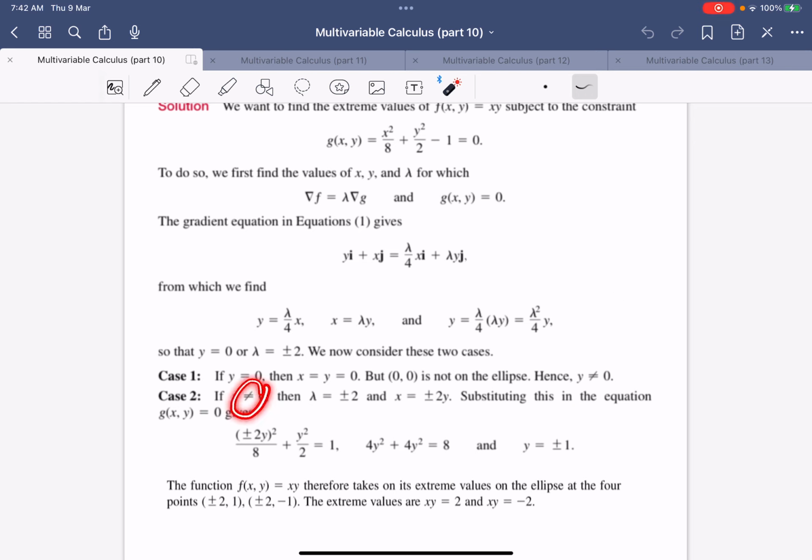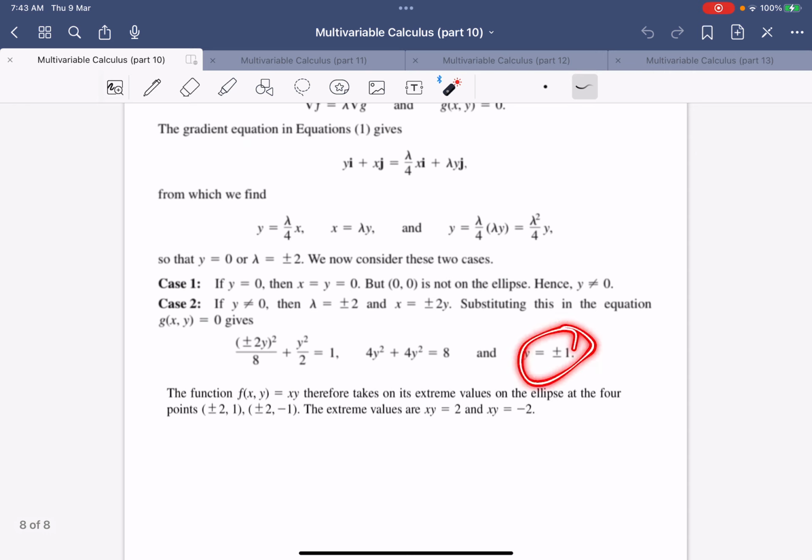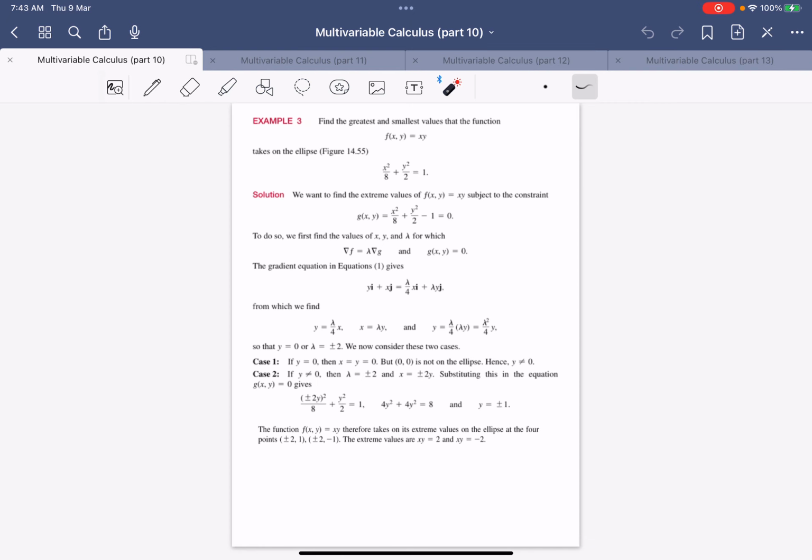If y is not equal to 0, then lambda is plus minus 2, so x is plus minus 2y. Substituting, we get that y equals plus minus 1. And therefore, the extreme points will be (plus minus 2, 1) or (plus minus 2, minus 1), which makes the extreme values of xy 2 and minus 2 respectively.